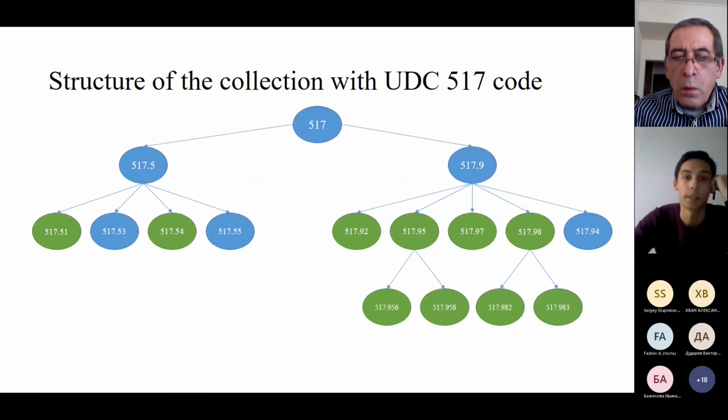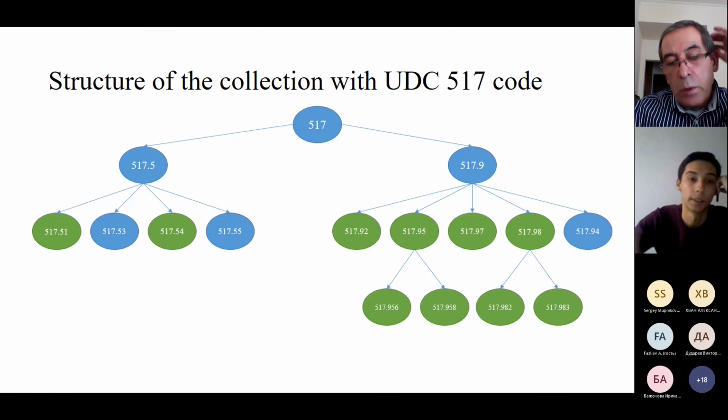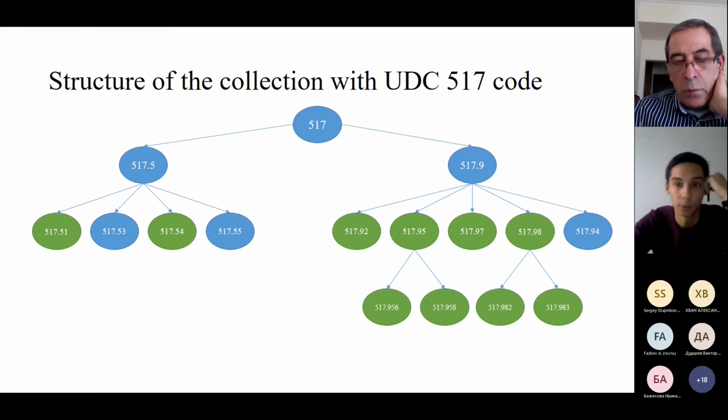На слайде показана структура нашей коллекции. Код 517.5 – это функциональный анализ, код 517.9 – это дифференциальные, интегральные и другие функциональные уравнения, конечные разности и эволюционные исчисления. Зеленым отмечены те вершины, с которыми мы будем проводить эксперимент.